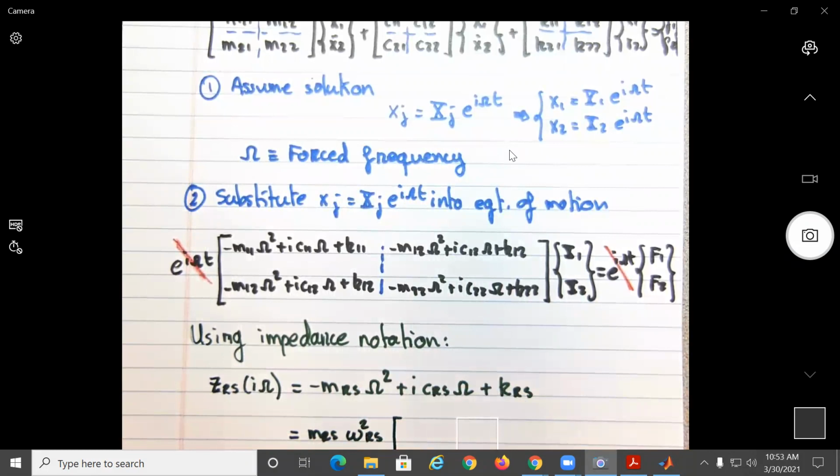And this is the same thing as we did with 1 degree of freedom. This will be equal to 1 minus the ratio of the force frequency to the natural frequency, r_s squared, plus i times 2 times the damping times r_s, the ratio of the frequencies.